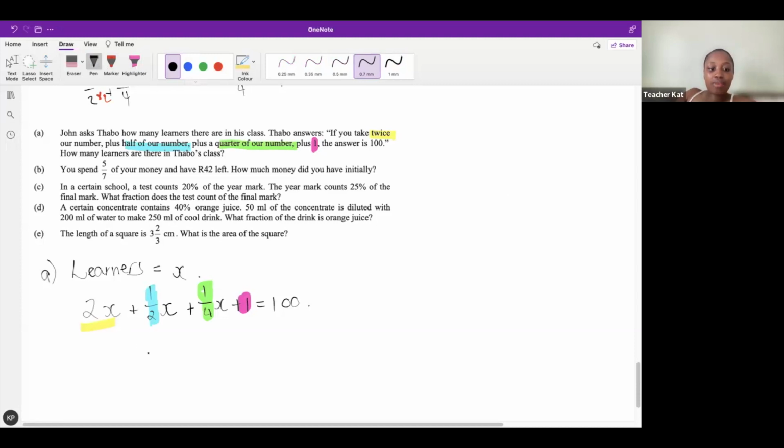So now we have to add these x's because they're like terms. This is a crash course on algebra. So what's 2 plus a half plus a quarter?